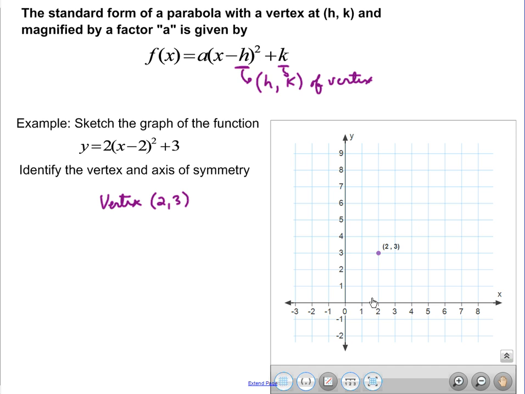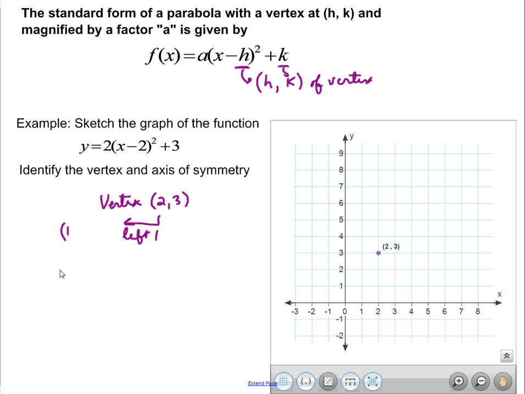Okay, what other points can we get? Well, the other thing that we can find for our parabola is this vertical stretch. A good way of thinking about it is that if you were to go to the left or right by 1 from the vertex, so let's see, if we start at x equals 2, and we go to the left by 1, then we are at x equals 1.